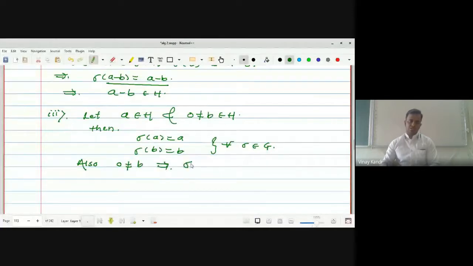Non-zero आहे म्हणजे B inverse exist होईल. होईल का? Why? What is the reason? B inverse exist होतो कशावरून म्हणू शकतो?